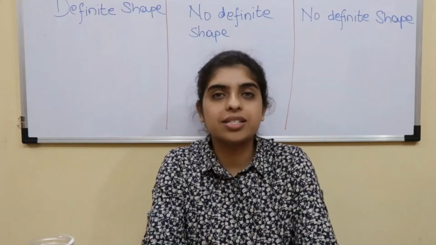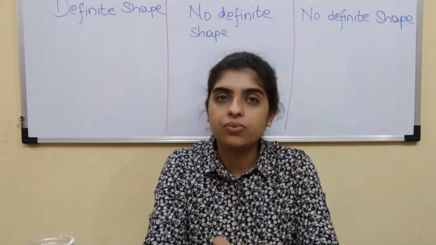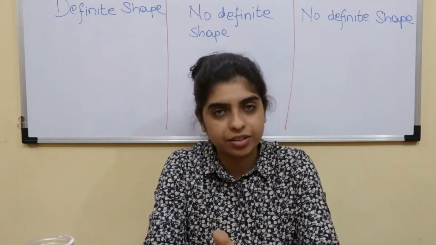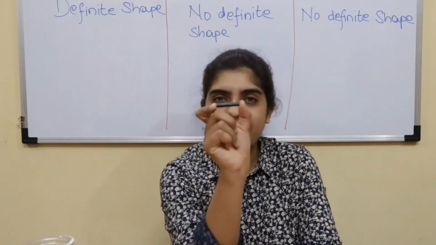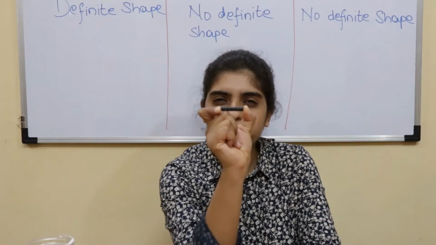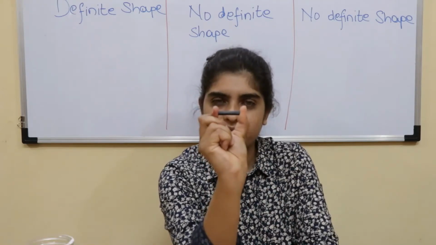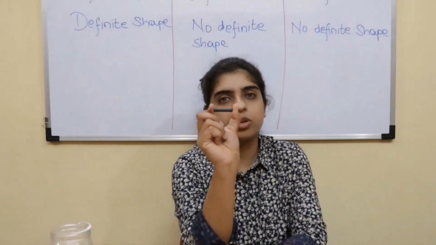Let us understand what is definite volume and definite shape of any object or any state of matter using the compression technique. If I take this black stud and try to push inside, will it change its shape? It will of course not.